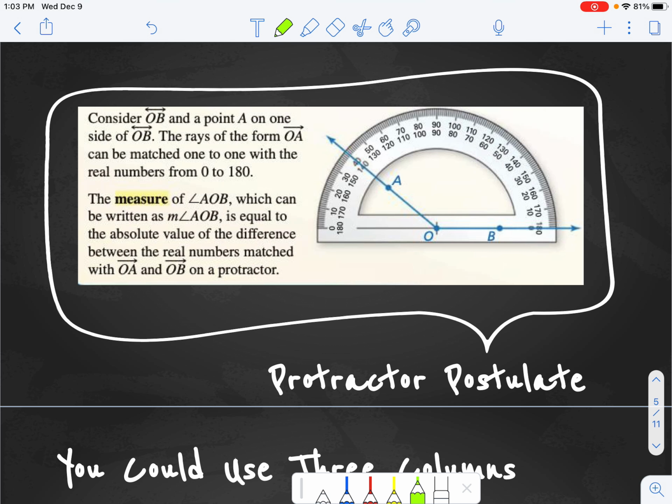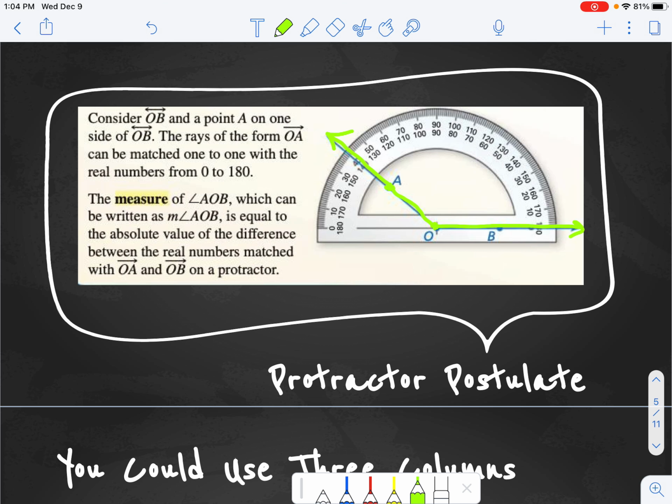Now let's take a look at the protractor postulate. Now we are at the top of page 39. Consider ray OB and point A, which is on the side of OB. The rays here that are formed can match 1-to-1 with real numbers from 0 to 180, okay?